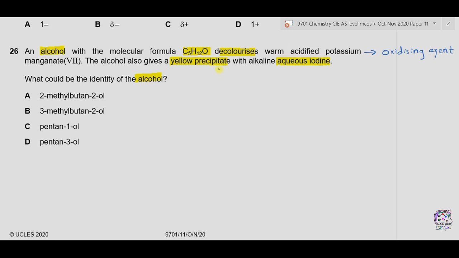The second reaction is given with alkaline aqueous iodine and a yellow precipitate is formed. Now we must know that for an alcohol to give a positive result for this reaction, there must be a methyl group attached to the carbon having the alcohol functional group.